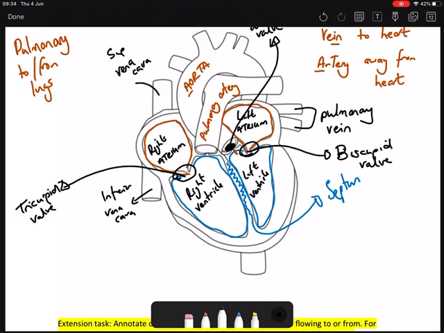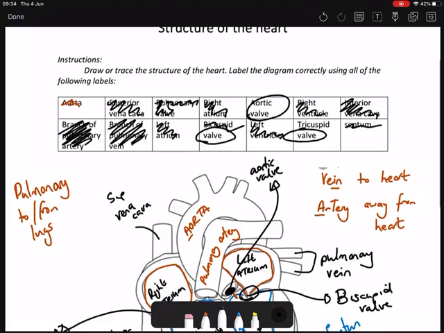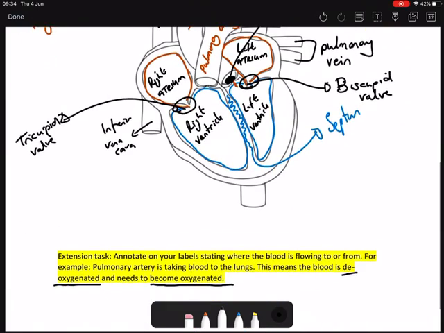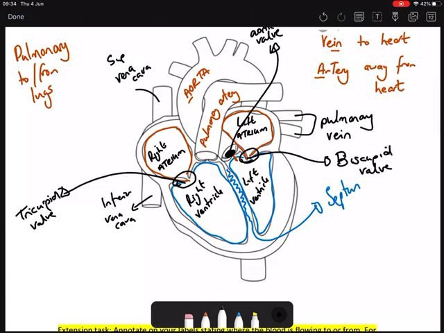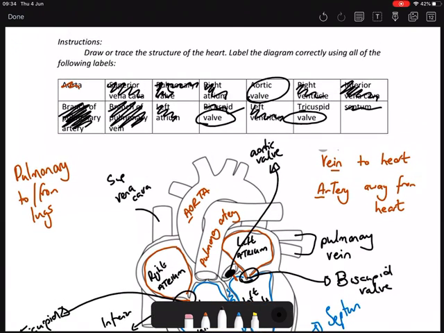So if I have blood that's come in from the lungs and it's oxygenated blood, where do I think it would be going to? If I've got blood that's going to the lungs, is that oxygenated or deoxygenated blood? So that is labelling of the heart. And to extend it further, you'd want to be able to annotate and explain where the blood has come from and where the blood is going to and what type of blood that would include.